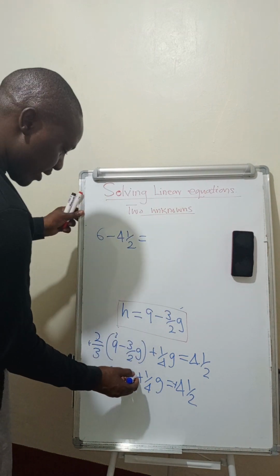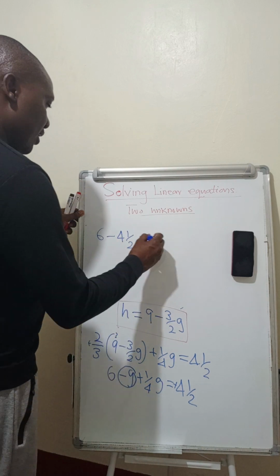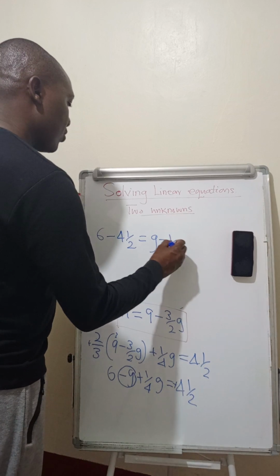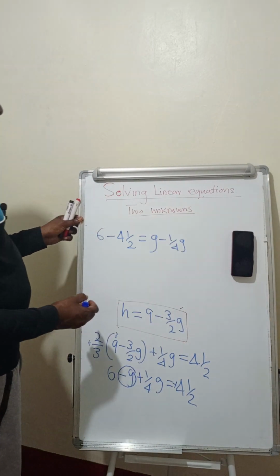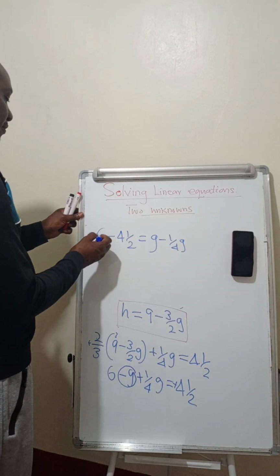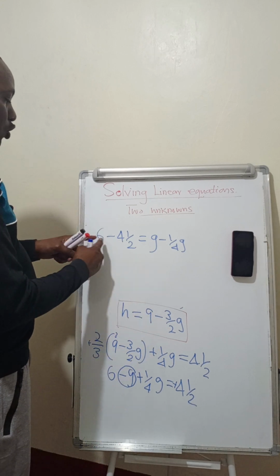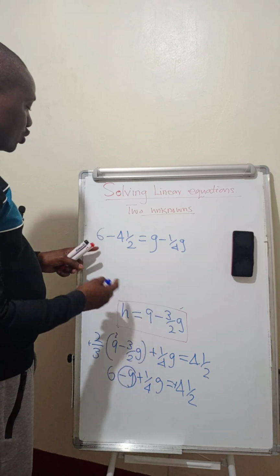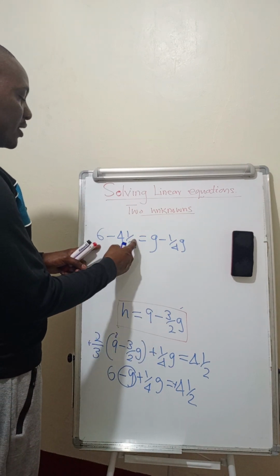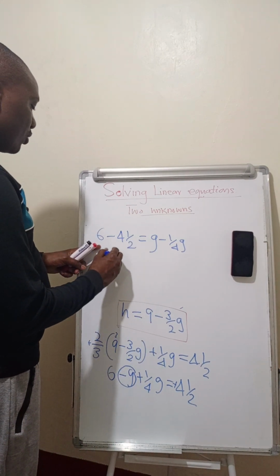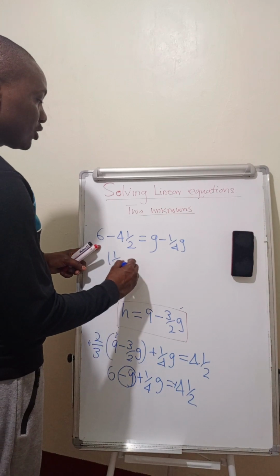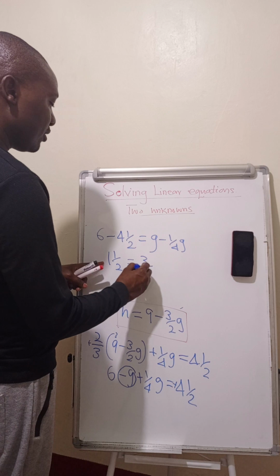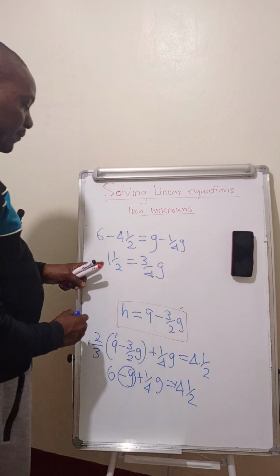Then minus g will be plus g, plus a quarter g will be minus a quarter g. Now, if you subtract 4.5 from 6, the whole numbers, 6 minus 4 is 2. So the remaining 2 whole, subtract a half, you'll remain with 1.5 is equal to, g is a whole number, minus a quarter, you remain with 3/4 g.